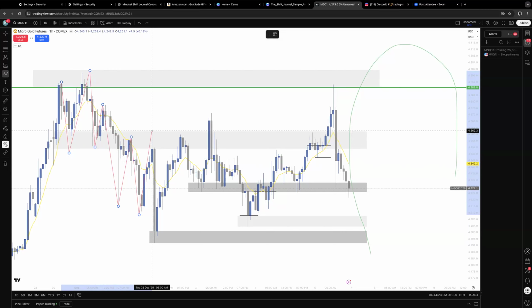Yeah, it broke structure, and it has a characteristic of wanting to go the other way. But the reason why this is still considered a downtrend, even though we broke this swing, is because this one up here ain't really broke yet. Once this one is officially broke, we'll be considered out of a downtrend, right?